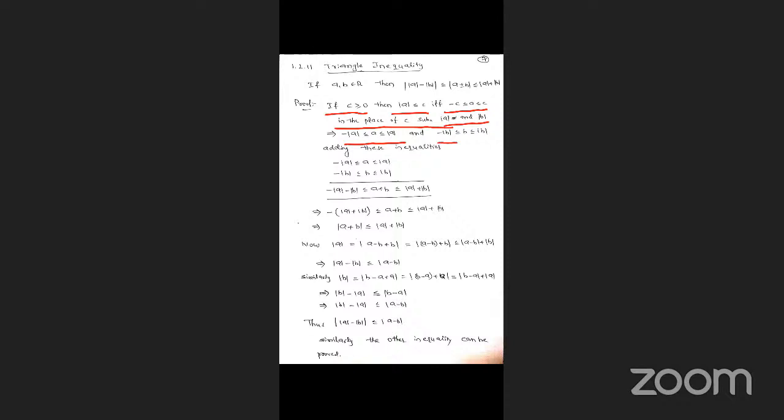Similarly, replacing C by mod B: minus mod B less than or equal to B, less than or equal to mod B.